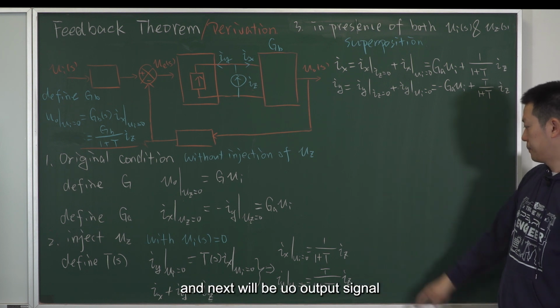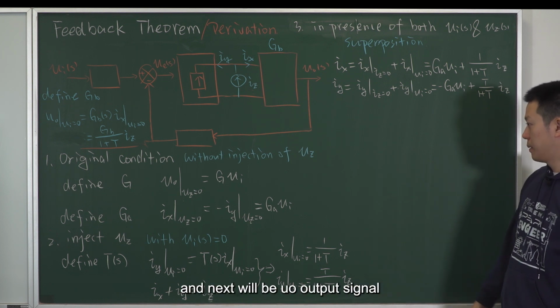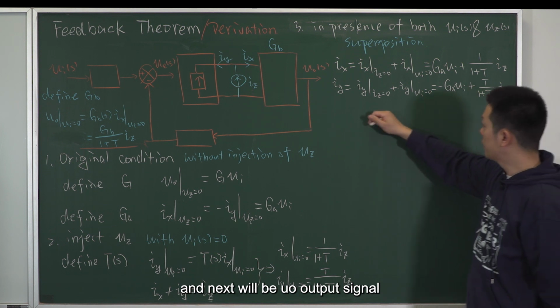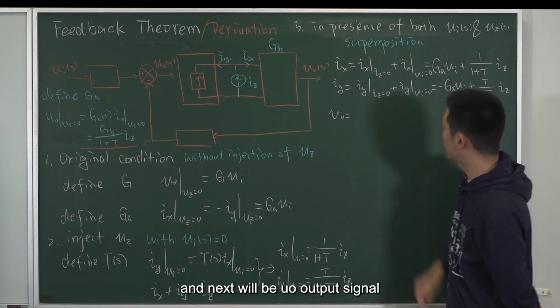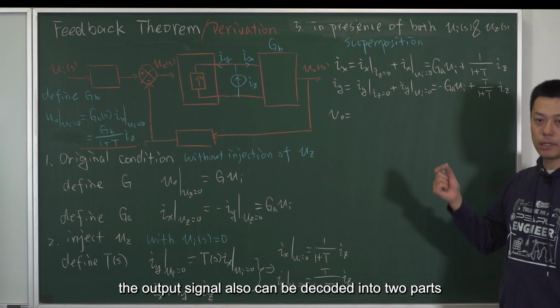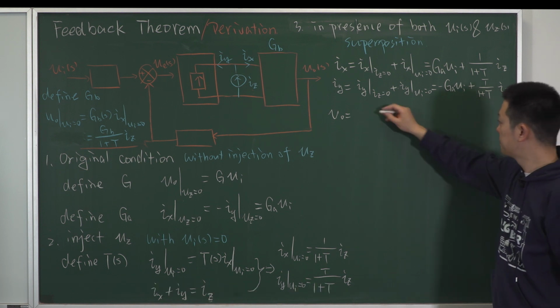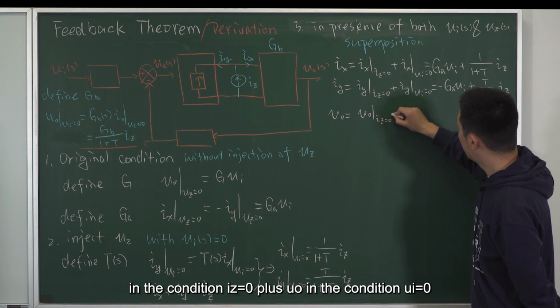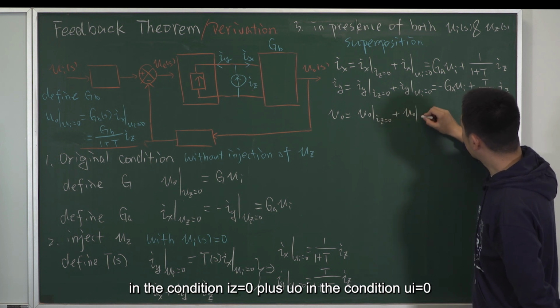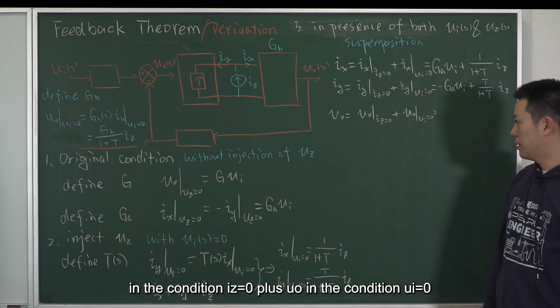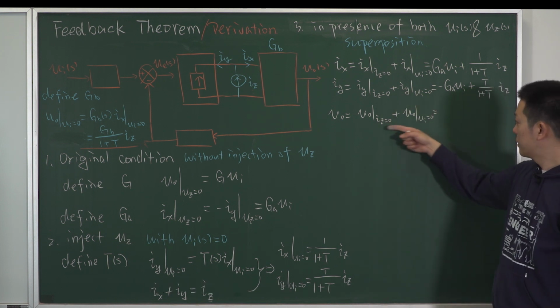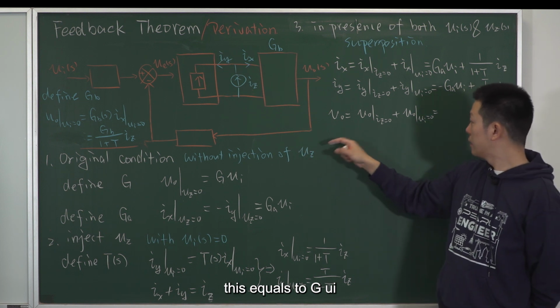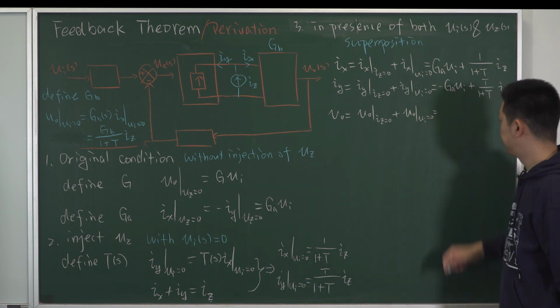And next will be UO, output signal, right? So output signal also can be decomposed into two parts: in the condition Iz equals to 0 plus UO in the condition Ui equals to 0. So this equals to GUI.